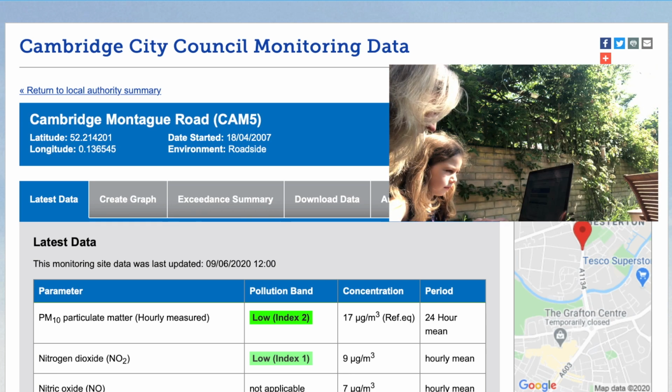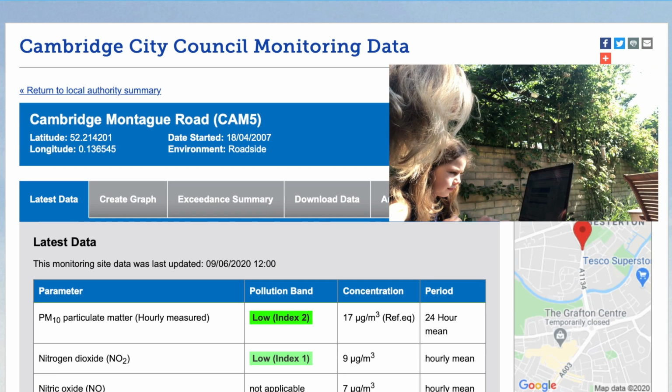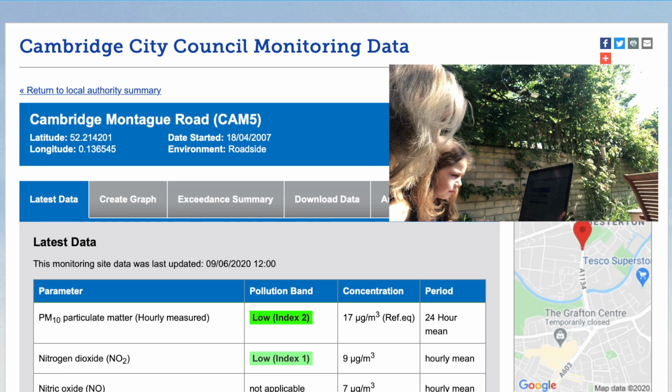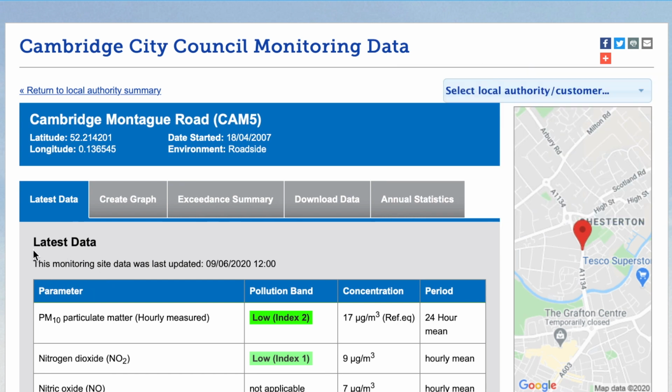And what we're going to do is go back and have a look at the internet, where we can see the actual data that is coming from these machines inside here that are measuring the air quality at this location. We have found the website with the data from the air quality station that we were just looking at in the street, and this is it. And what you can see on this webpage, if we go down here, this is the latest data, and it says that this monitoring site data was just updated.